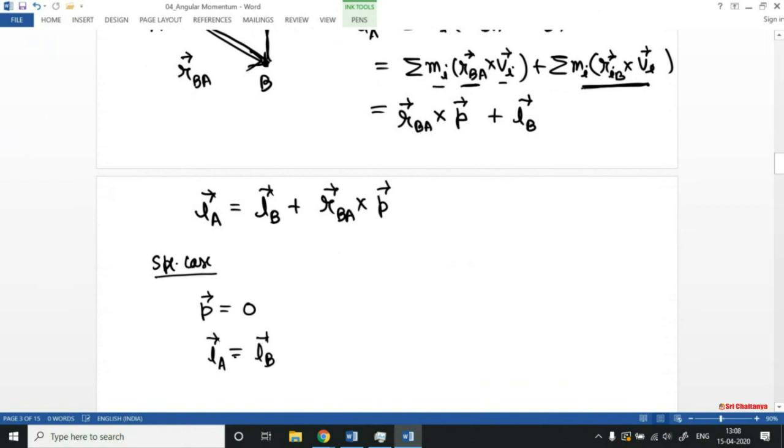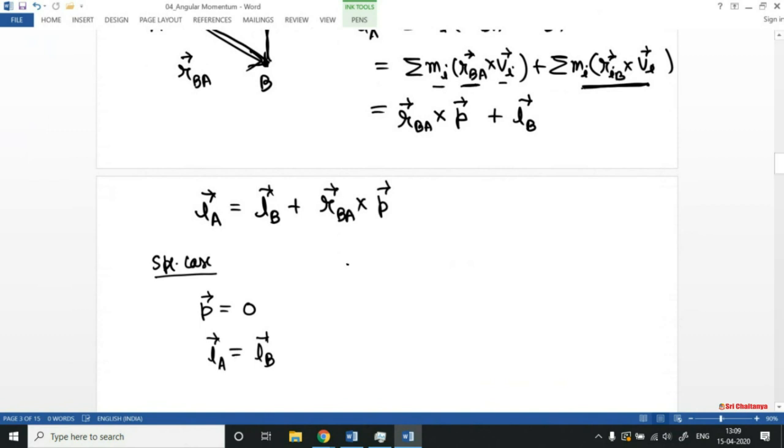So if the linear momentum of the system is 0, then the calculation of angular momentum does not depend upon the choice of the point about which it is being calculated. So can you think of some system where we are having a linear momentum of the system equal to 0?